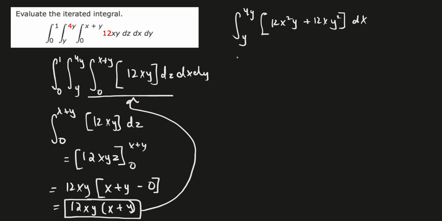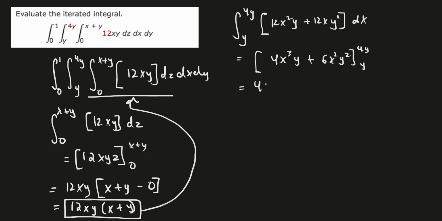So this becomes, with respect to x, 12x cubed y over 3, which is 4x cubed y, plus 12x squared y squared over 2, which is 6x squared y squared, and then y to 4y.